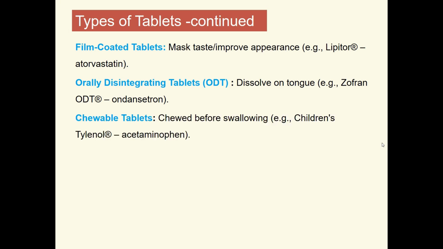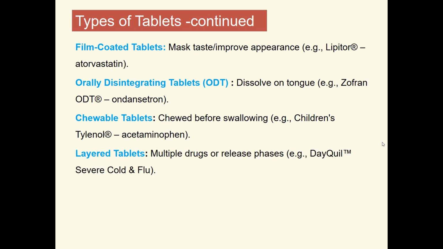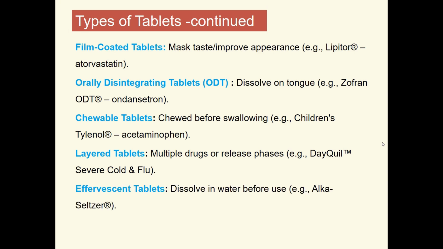Chewable tablets are chewed before swallowing. They come in various preparations. For children, there's Children's Tylenol, or acetaminophen. Other ones are layered tablets, with multiple drugs or release phases, such as DayQuil Severe Cold and Flu.